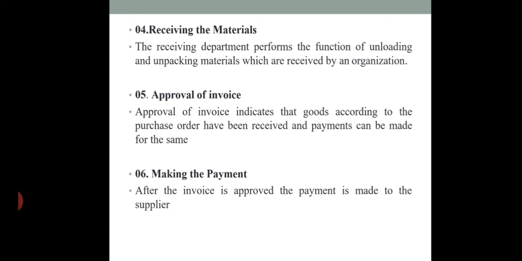The verification result may be recorded in the materials received report. A minimum of 3 copies must be prepared. The original copy is sent to the stores department, the duplicate to the accounts department, and the third is retained by the record section.